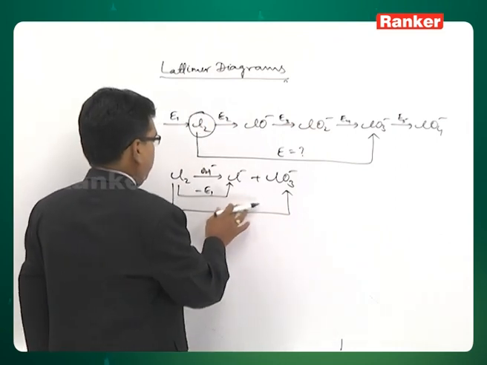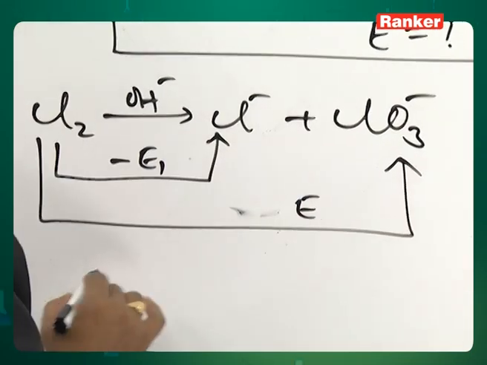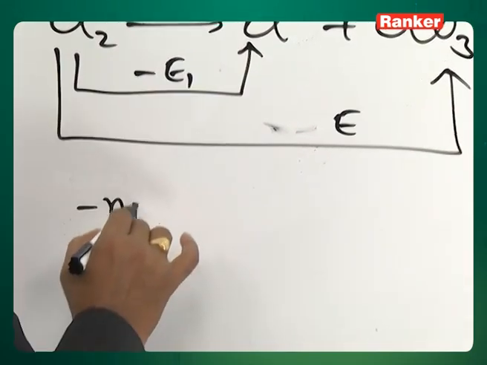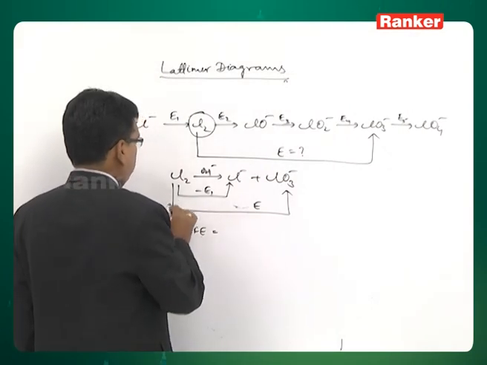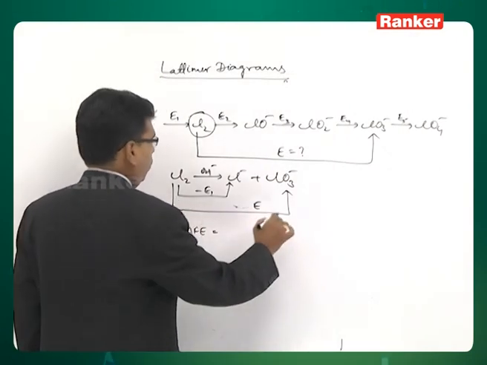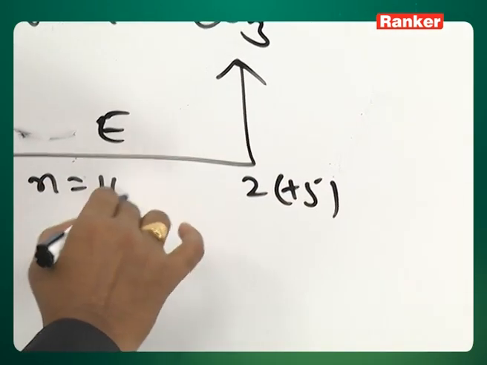So, this change is, here E is equal to, this is I will say some E, where this minus NFE is equal to, now this N is 2 into 0 to 2 into plus 5. So, this N factor is 10.